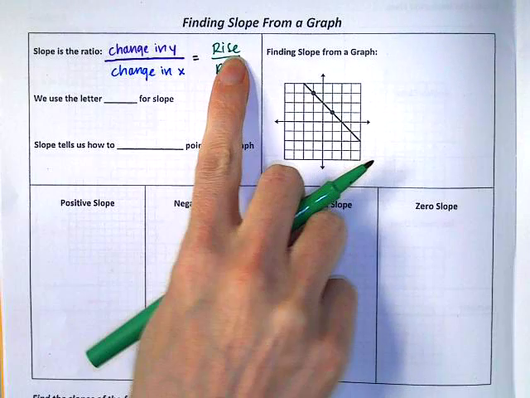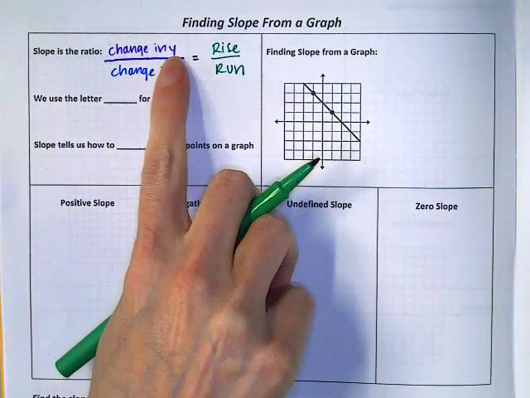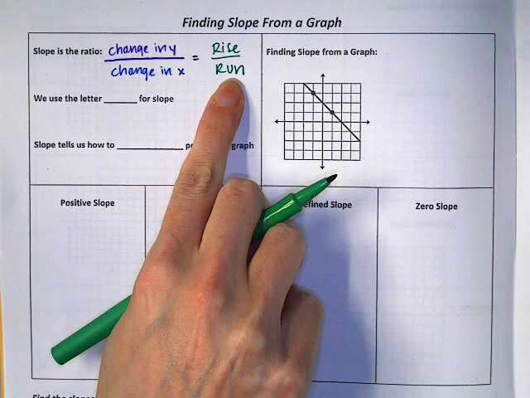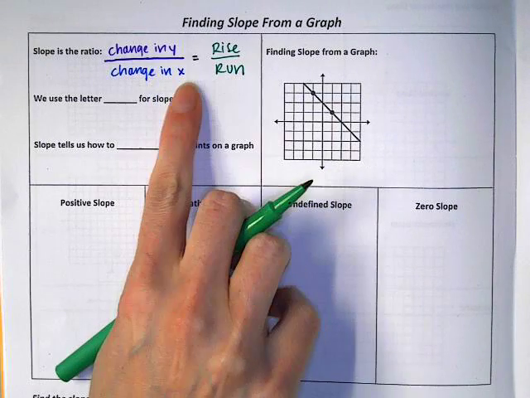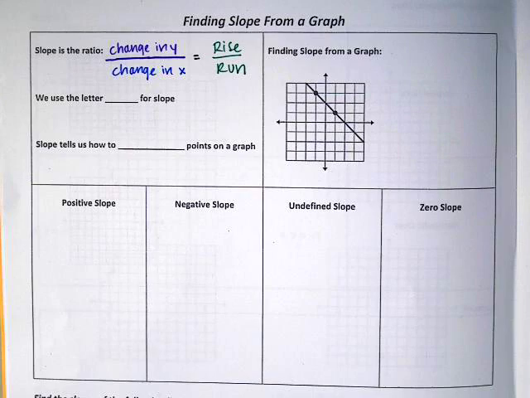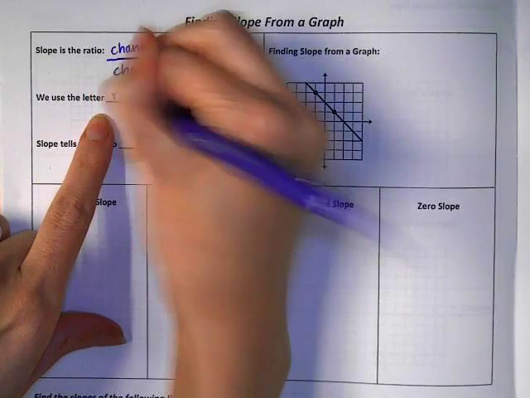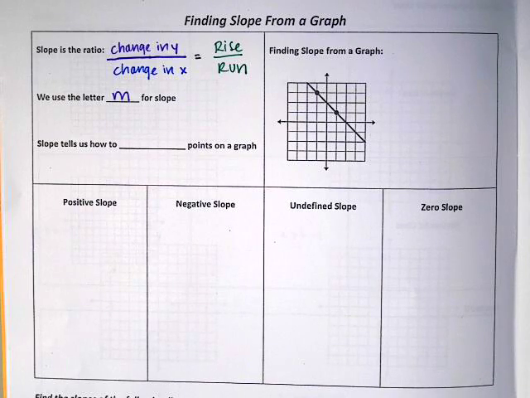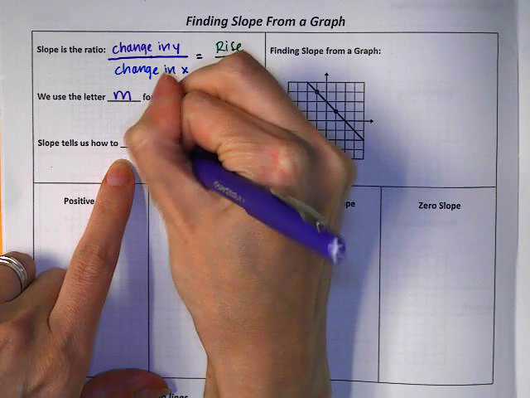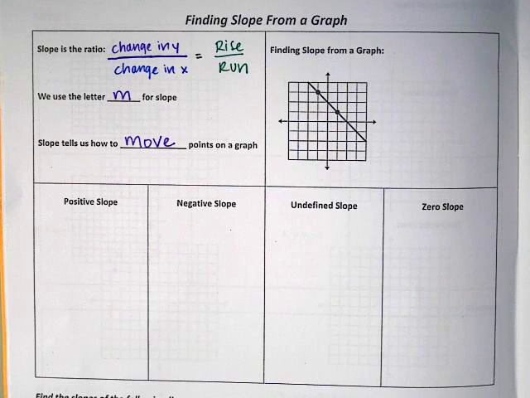Because when you're rising, going up and down, that's a change in the y. And when you run side to side, that's a change in the x. Okay? And the letter we use to talk about slope is the letter M. Slope tells us how to move points on a graph.